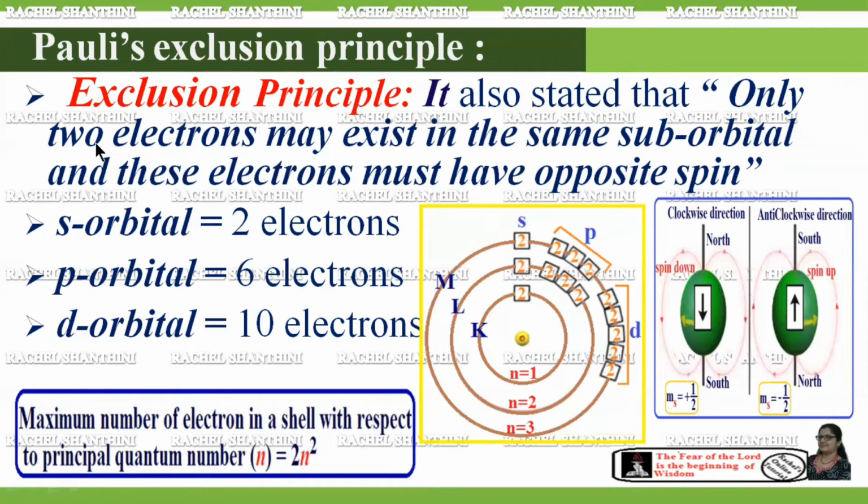If the question is how many maximum number of electrons are present in an orbital or suborbital, then the answer is 2 electrons. So Pauli's exclusion principle stated that only 2 electrons may exist in the same suborbital, whether it is px orbital, py orbital, or pz orbital, or s orbital, or any one of the d orbitals.